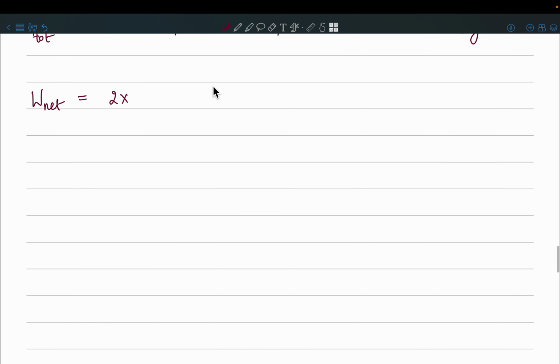Two times any one of the turbine work, and minus work of the compressor, which I can find as Cp into T2 minus T1. Fine. So again you have all these values.